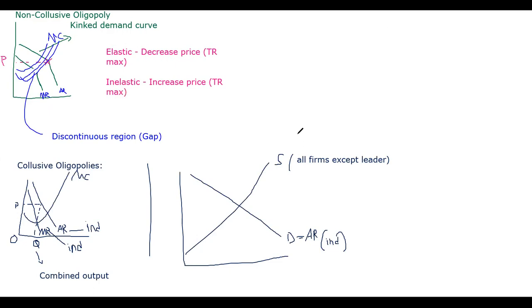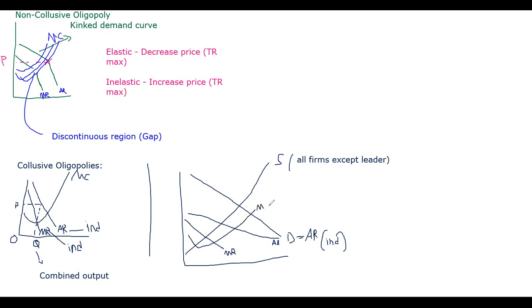Now the only thing I was slightly confused about is where the leader's MR comes from, because the leader's MR is somewhat like this. So there's a leader AR, and then you figure out the leader's MR somewhere here. I'm not too sure why, but yeah, it's an ID paper, we'll do something. And then you have the leader's own MC.